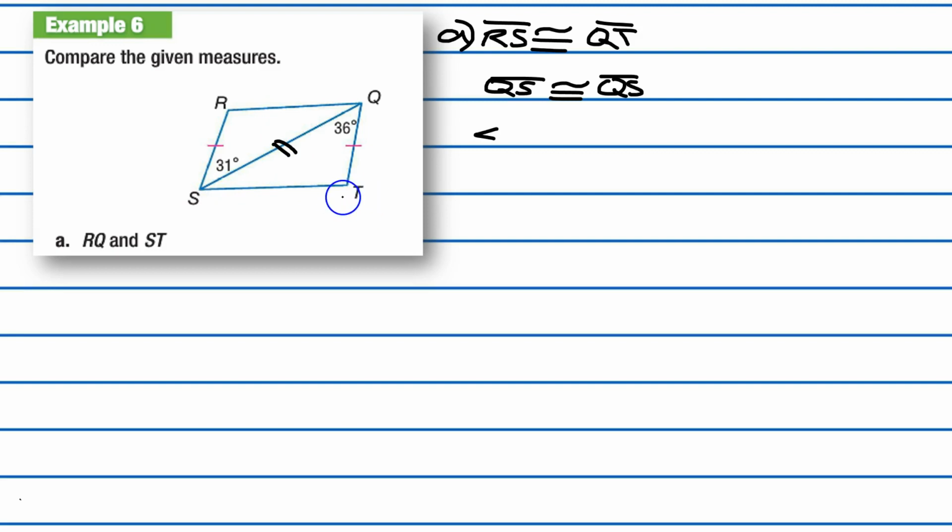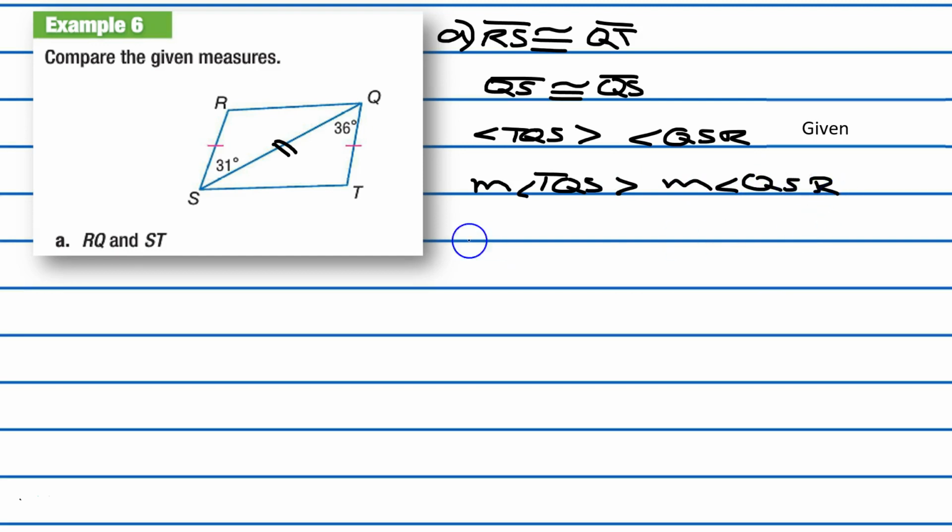So angle TQS must be greater than angle QSR. So because of that, we can say that the measure of angle TQS must be greater than the measure of angle QSR.